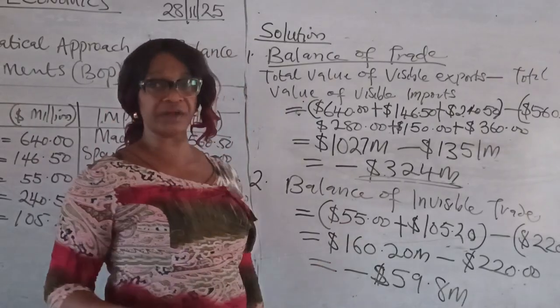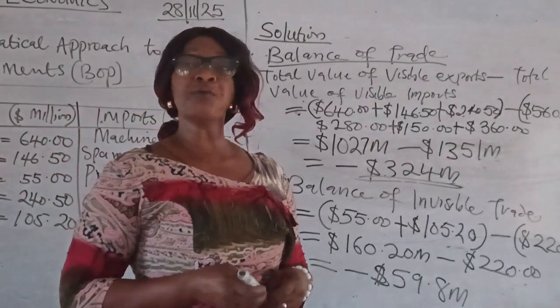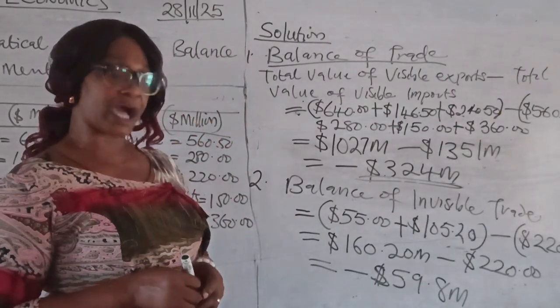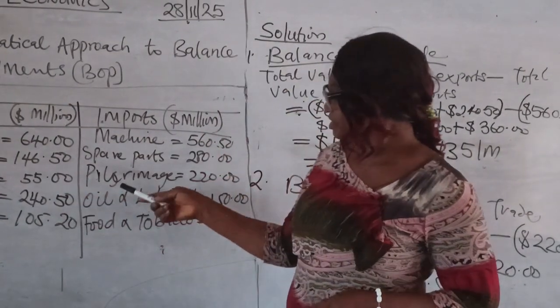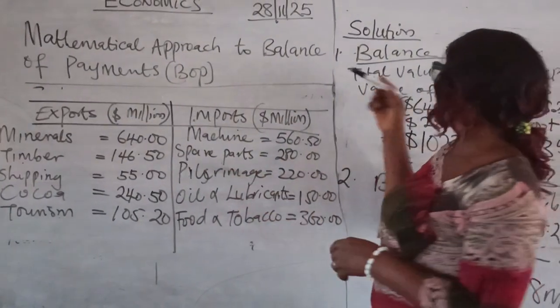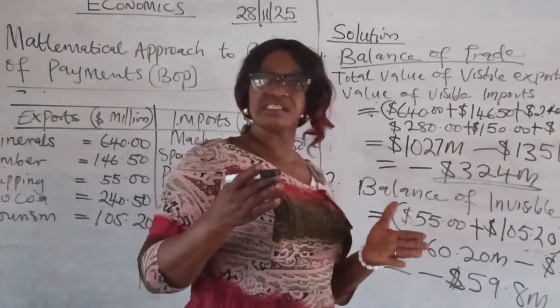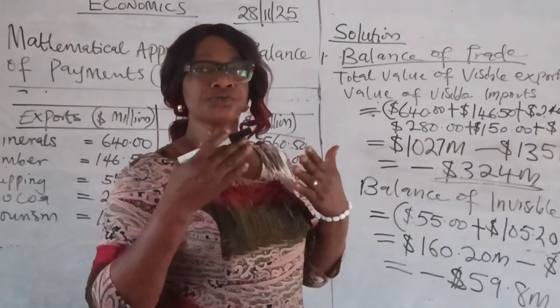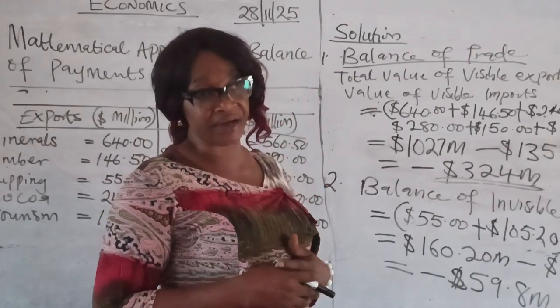So let's go to number 3 question. Number 3 question says that we should calculate the balance on capital account. When we look at the table given, capital account is not given. But the question says that the federal government now borrowed $200 million from IMF.